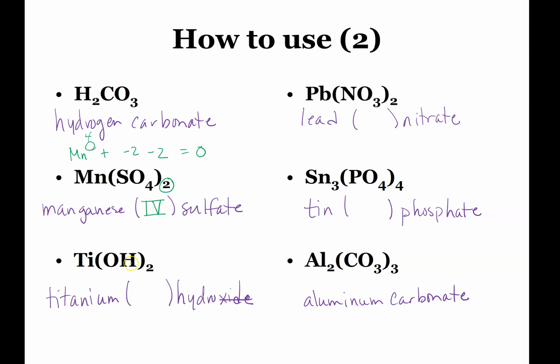I have 2 hydroxides. Each one has a -1 charge. So some number, subtract 2, gives me 0, and that would be 2. Nitrate, also a -1. There's a lot of -1 ions.